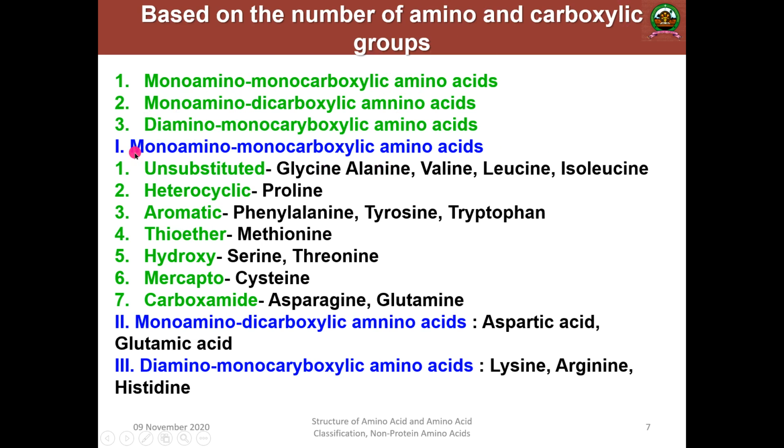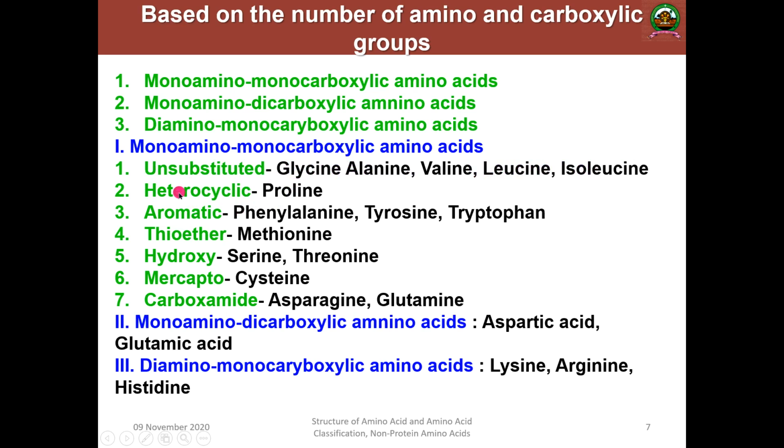Then the monoamino monocarboxylic amino acids are classified into 7 different groups: unsubstituted amino acid, heterocyclic amino acid, aromatic amino acid, thioether amino acid, hydroxy amino acid, mercapto amino acid and carboxamide amino acid. Unsubstituted amino acids are glycine, alanine, valine, leucine and isoleucine.